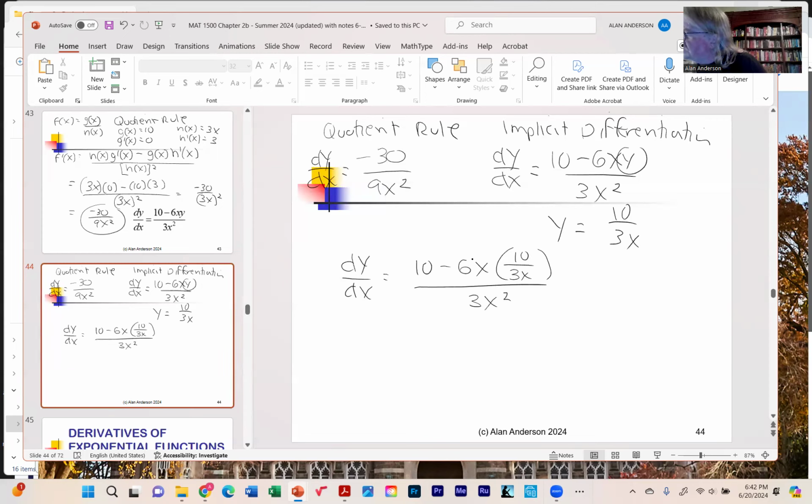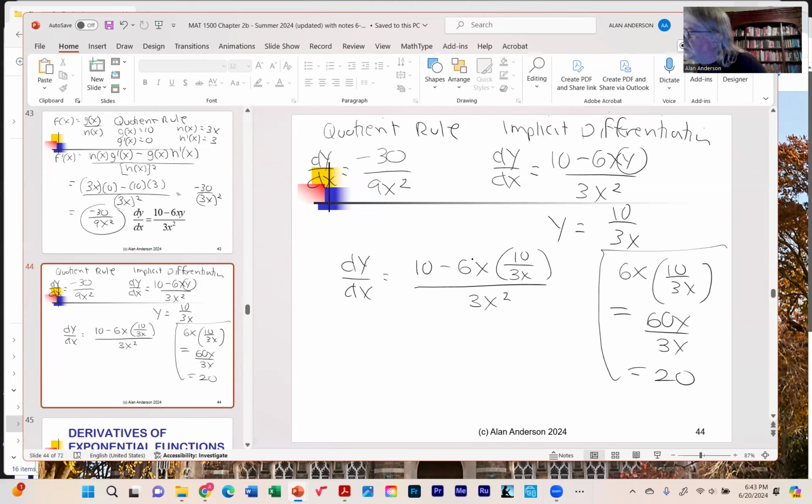Okay, so just as a side note here, this gives me 60x over 3x, which is 20. So I'm actually subtracting 20.